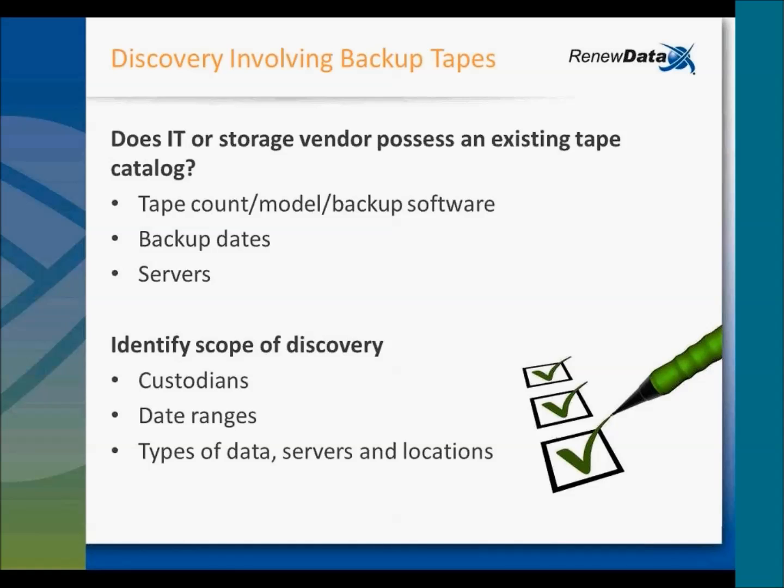And so culling that down by having meet and confer sessions, understanding what custodians are in question, what types of data, what potential user shares or department shares may be in question, and the date ranges, still applies to backup tape discovery, because we can apply that information prior to restoration and help target tape sets.